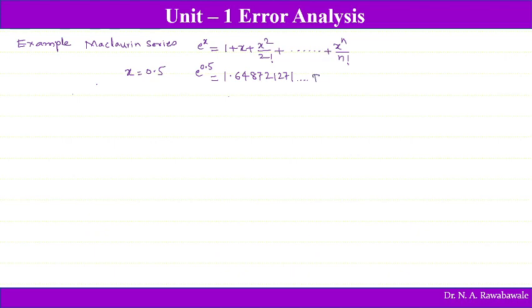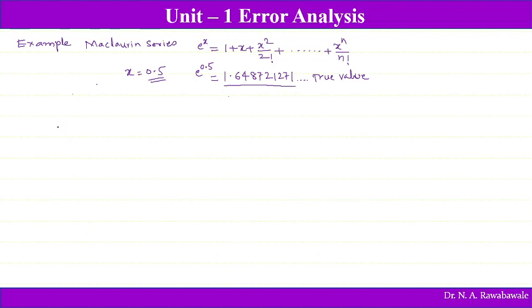This is the true value of the Maclaurin series with the variable value x equal to 0.5. So e to the power of 0.5 results as 1.648721271. This we assume as the true value.